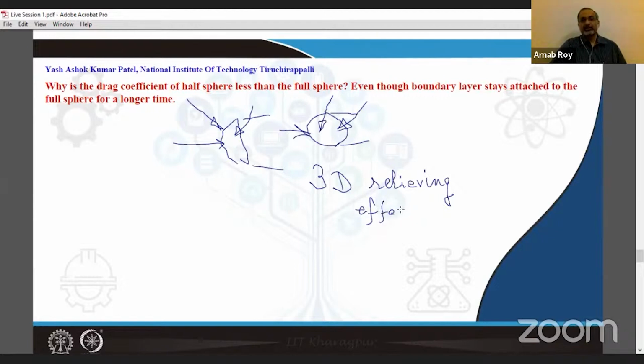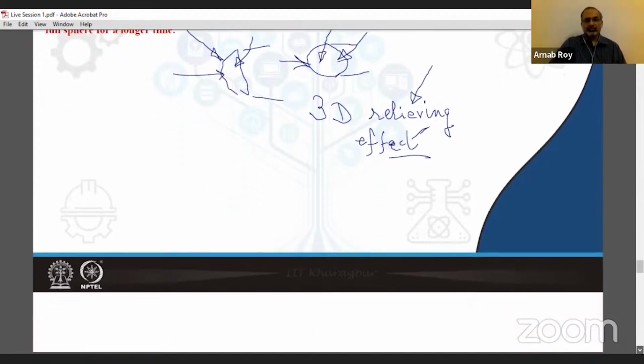And why does that happen? That happens because of what we call the 3D relieving effect. So try to find out more on this. It's a little more exploration that you have to do to see whether you can answer the query that those two drag coefficients are not the same, though the cross-sectional geometry appears to be the same.